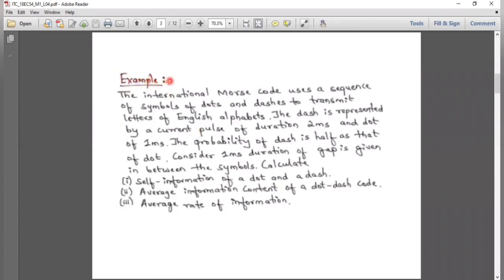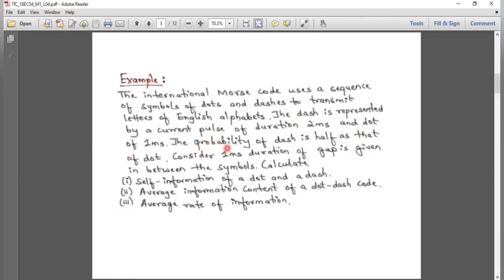So example 1, the International Morse code uses a sequence of symbols of dots and dashes to transmit letters of English alphabets. The dash is represented by a current pulse of duration 2 millisecond and a dot of 1 millisecond.